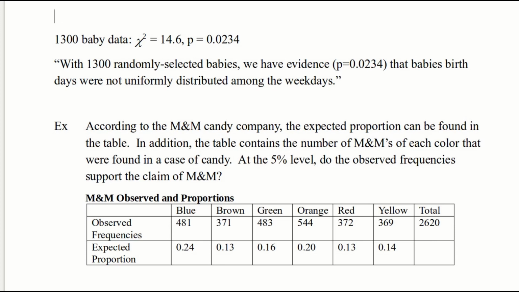And you can look at each of those columns to see the observed frequency and what we were expecting in terms of the proportion. We're asked to test at the 5% level to see if the observed frequencies actually support the claim that each of the colors occur in the proportions shown.